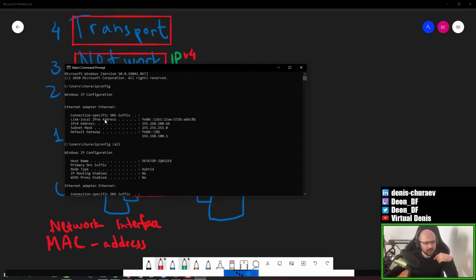Here, local IPv6 address. And it looks like a bunch of letters and numbers with delimiters. The variety of IPv6 can be much, much higher because we can use letters and numbers. IPv4 has only so many combinations you can have. So typically, IPv6 is way more flexible in terms of how many computers you can have.